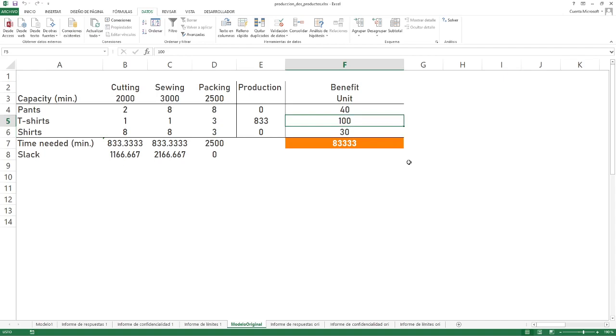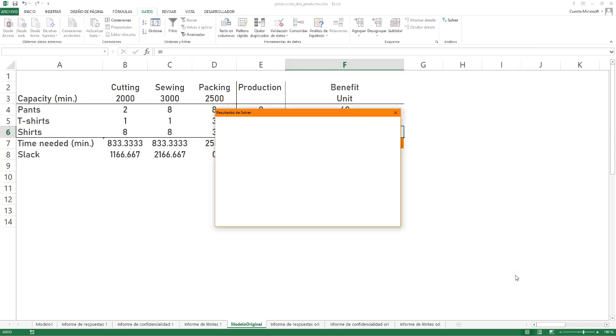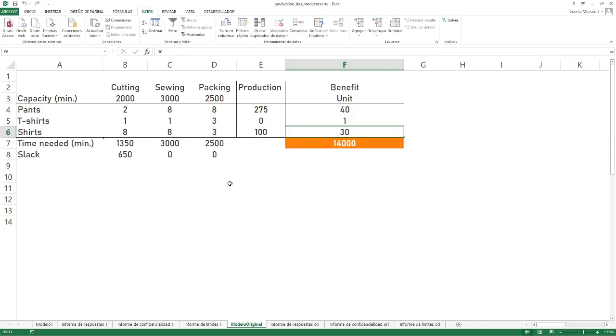And let's go to the other end of the spectrum. If we only make €1 per unit and we solve, we are going to find something which is the opposite. What we are having here is that this new product is not worth producing. So we go back to the solution we had before.